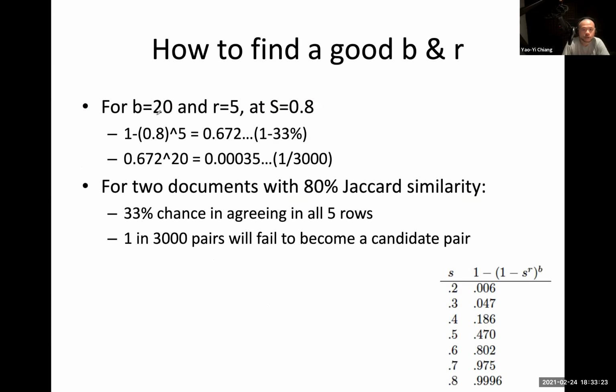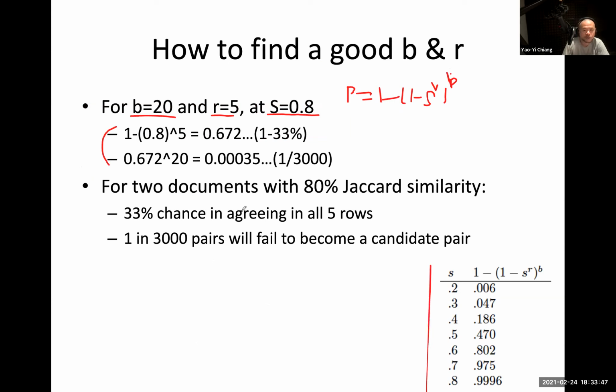So if B equal to 20, R equal to 5, let's say your S equal to 0.8. Remember that P equal to 1 minus (1 minus S to the power of R) to the power of B. Based on this, you can calculate all these interesting scores and create a table like this.